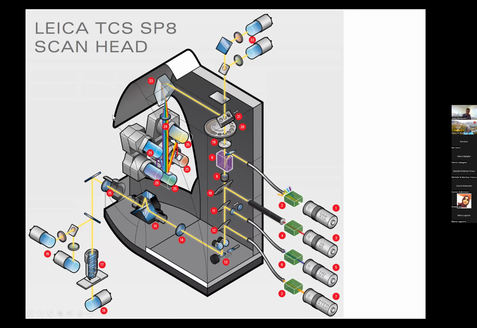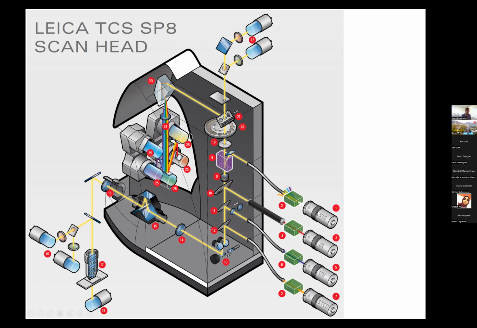So just to give you an orientation, the microscope body with the objective is sitting here below. The scan head is mounted on top of that wide field microscope stand here in this particular drawing. Only the scan head itself is shown, and then the objective is shown, and the sample is shown here of your normal wide field microscope.